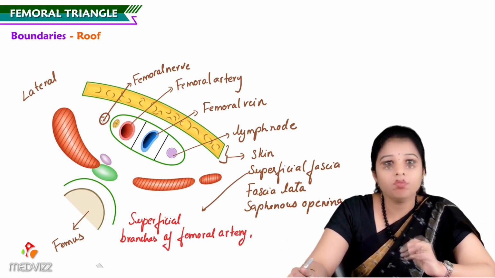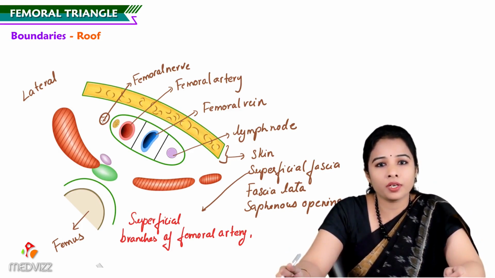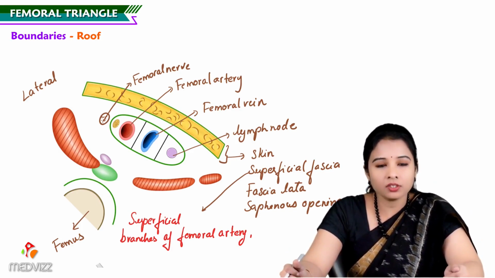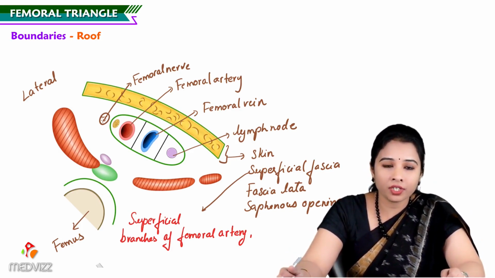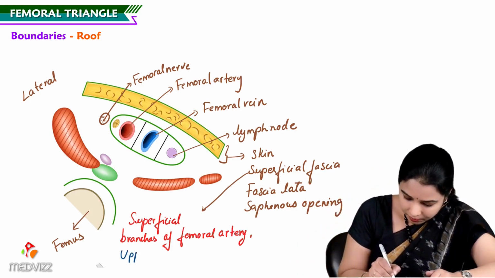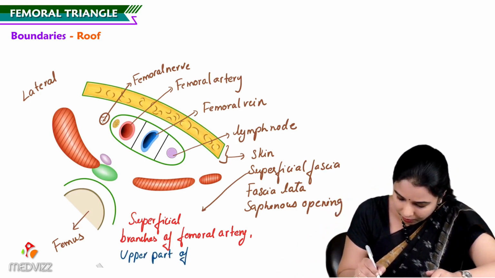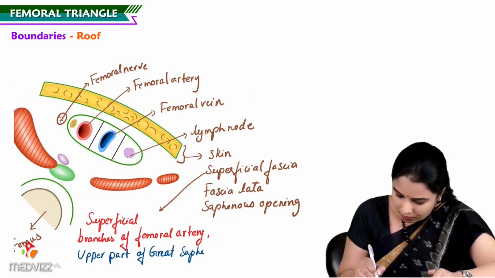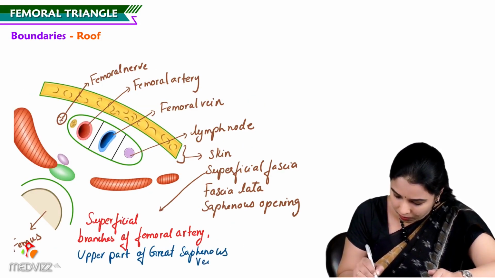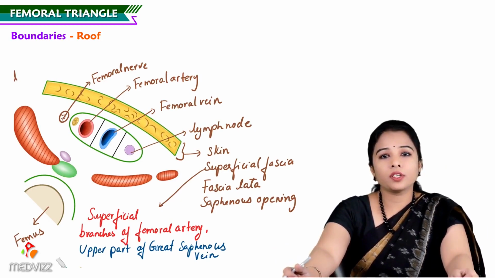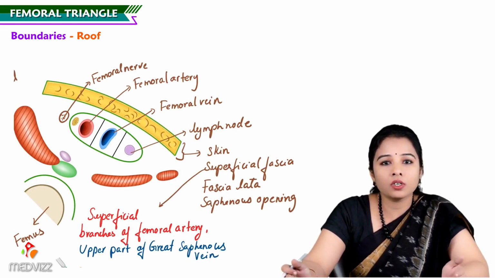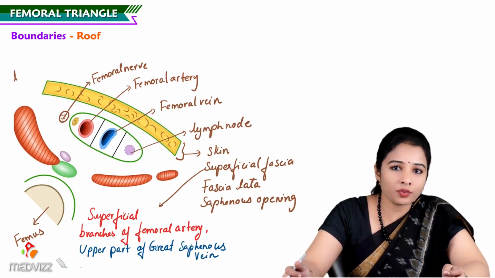So we also see within the roof the upper part of the great saphenous vein. The upper part of the great saphenous vein is also a structure present within the roof of femoral triangle.